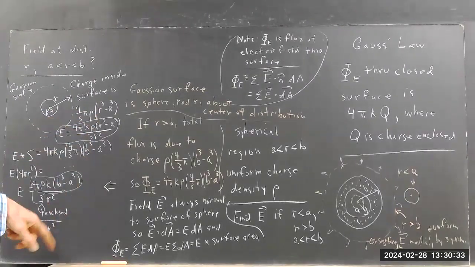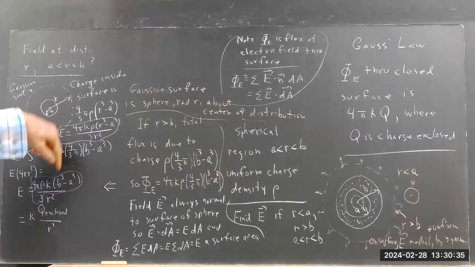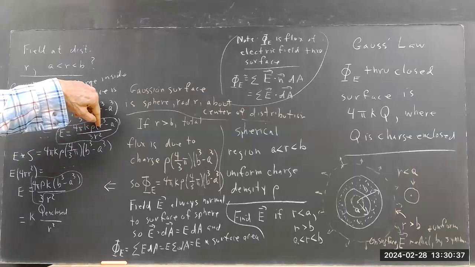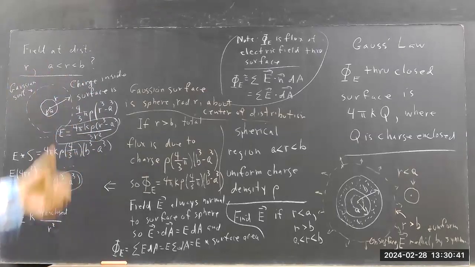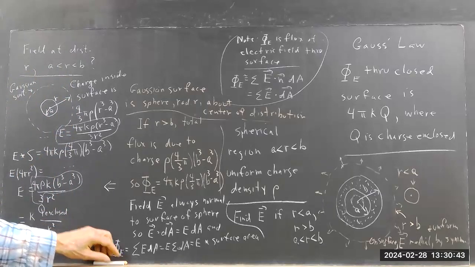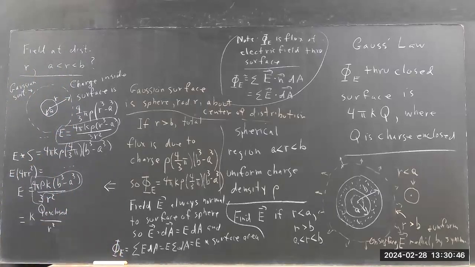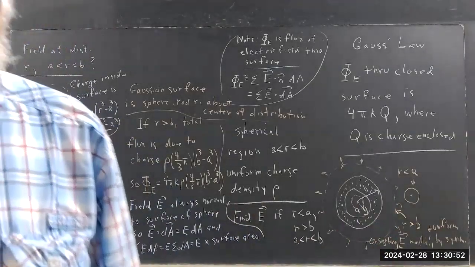The same expression as before, except instead of b, we're going to have r. And of course, r is going to be less than b here. So you might have a weaker field. Okay. You had most of that, and you're about to write out the rest, I think.